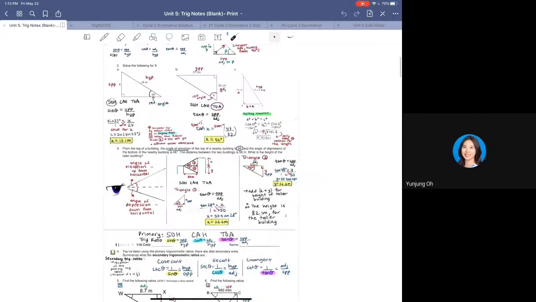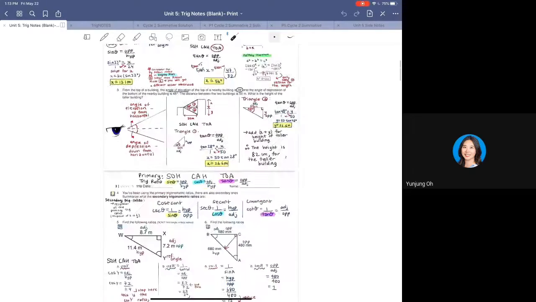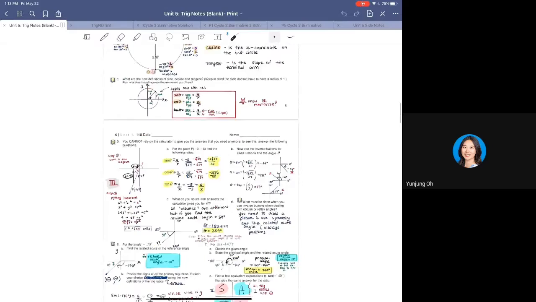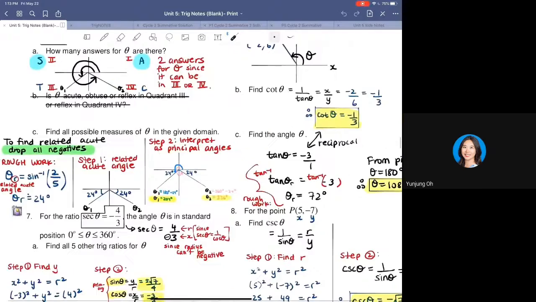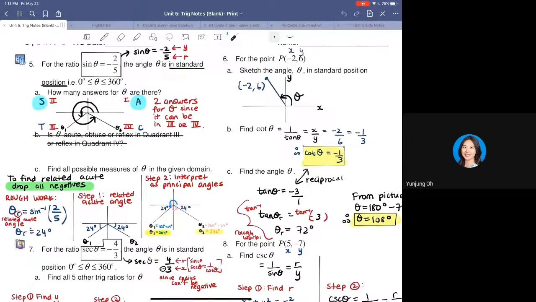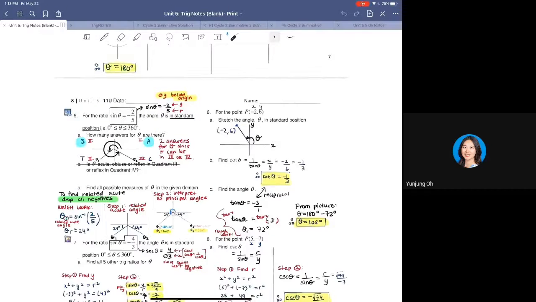I'll tell you the reason why we're doing that. Okay, so over here, sorry it's so messy. Well, it's not messy, it's just really colorful, maybe a little too much. But here I tell you to drop the negatives when you're trying to find the related acute angle.